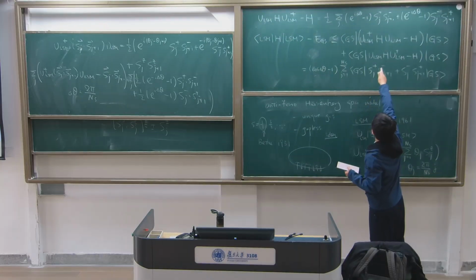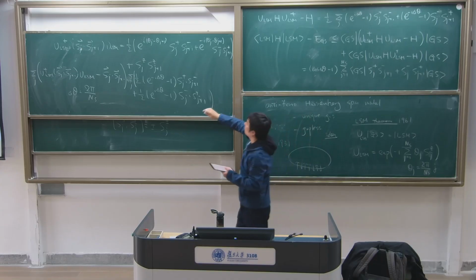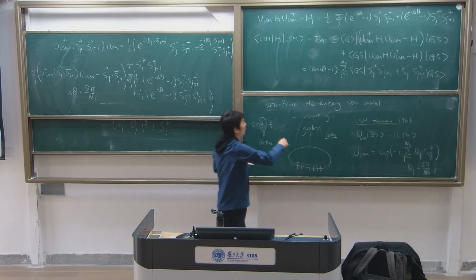The reason why we add them together is we have a common factor, both e to the i theta minus 1.